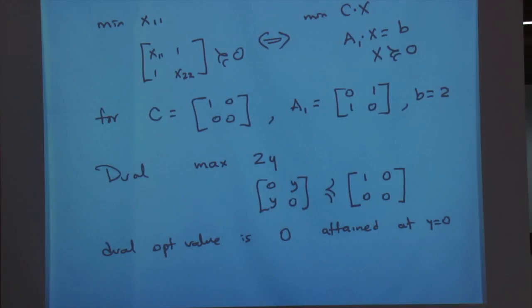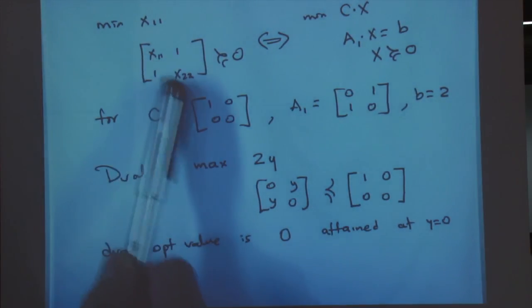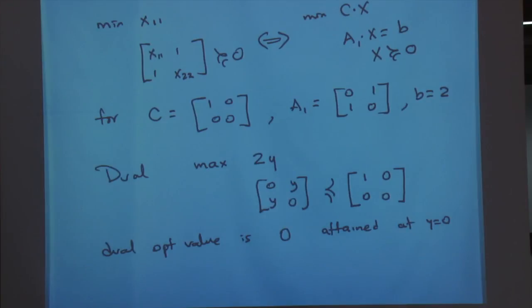Because the matrix has to be positive semi-definite, the diagonal elements have to be big enough, positive, so that the determinant is positive, right? So we should have the determinant here, x11 x22 minus 1, that should be positive. And then we can set x11 and x22 sufficiently positive so that that happens, right?